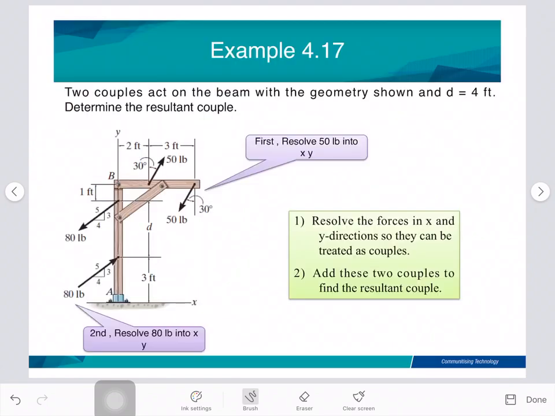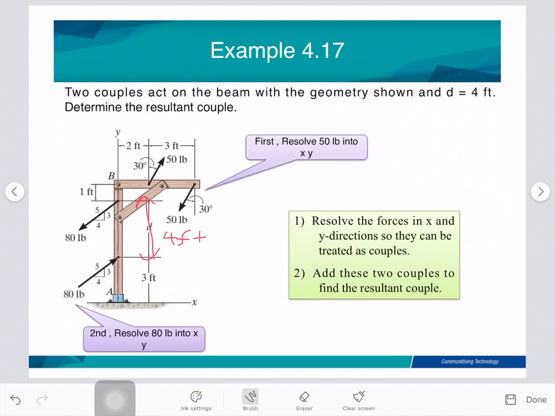And then we move to the next example, 4.17. In this 4.17, we have two couples acting on the beam with the geometry shown. The D here is given as 4 feet.